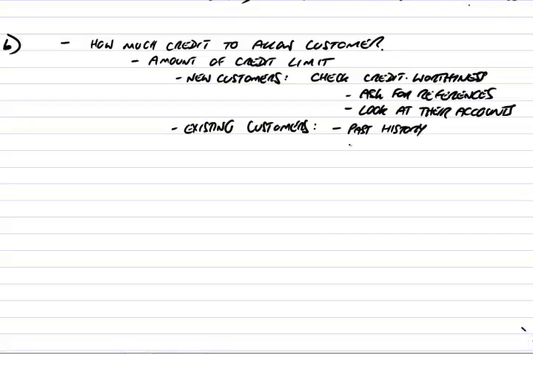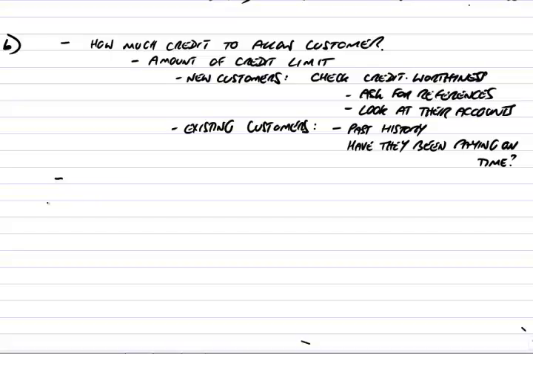What I mean by that is, have they been paying on time? If they've been a good customer in the past, then, as I said, perhaps you'll increase the credit limit. If they've been a bad customer, surely you're more likely to reduce it. Anyway, that's the first thing you consider, how much credit to allow customers.